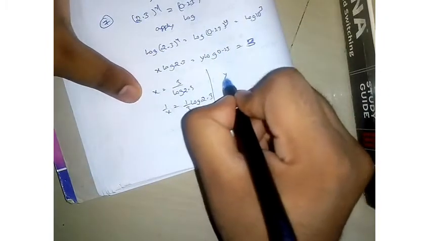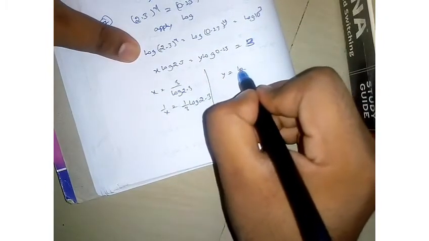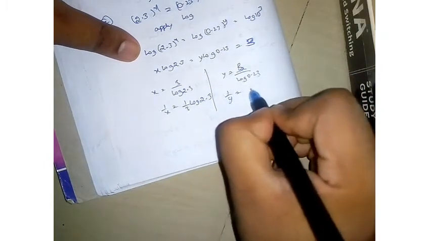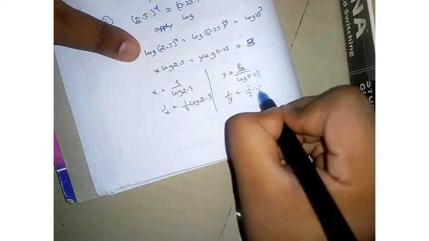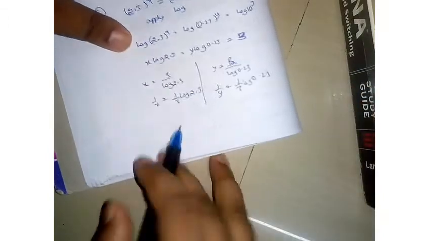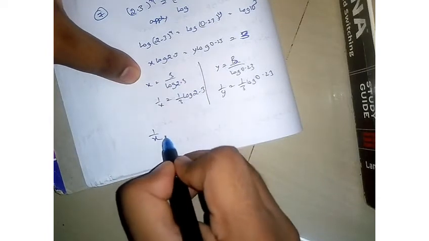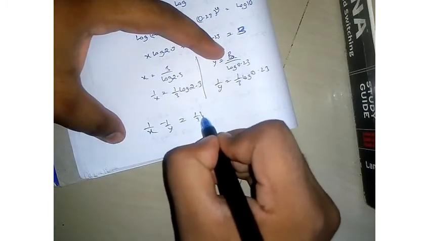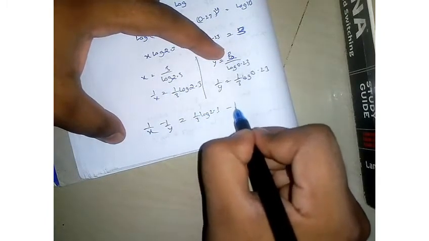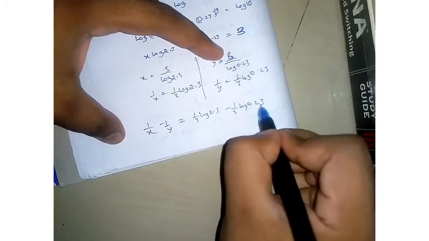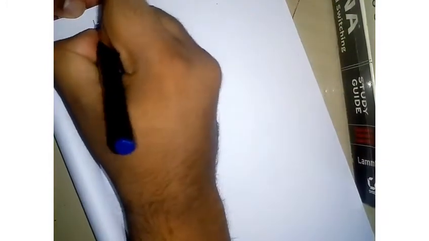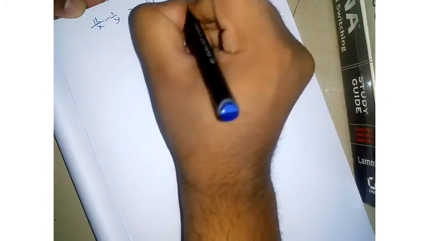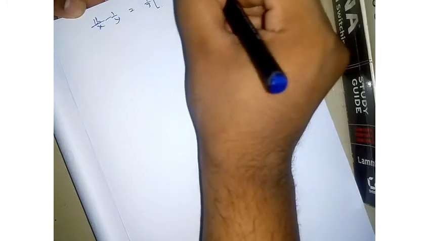Similarly, y is equal to 3 by log 0.23. 1 by y will be equal to log 0.23 by 3. So now 1 by x minus 1 by y is equal to 1 by 3 of (log 2.3 minus log 0.23).